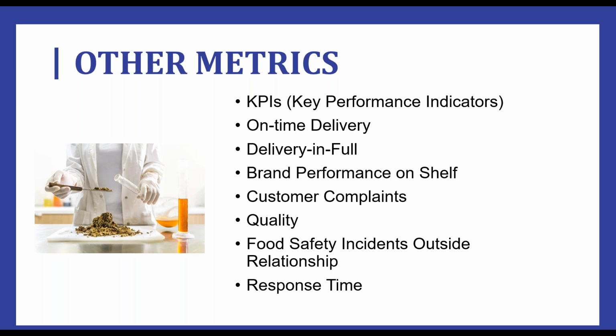And to dive into food safety incidents outside of the relationship. Companies work together, typically a supplier to a retailer or a supplier to some type of food service distribution company.